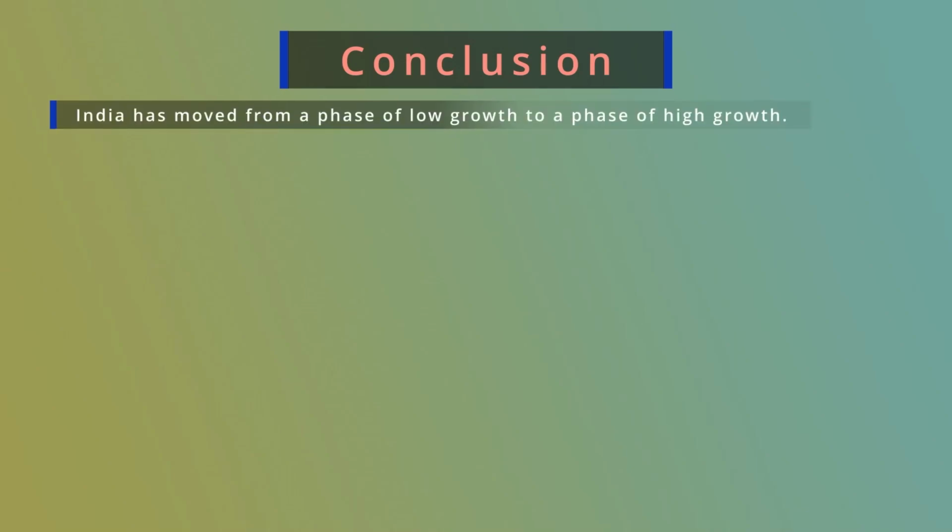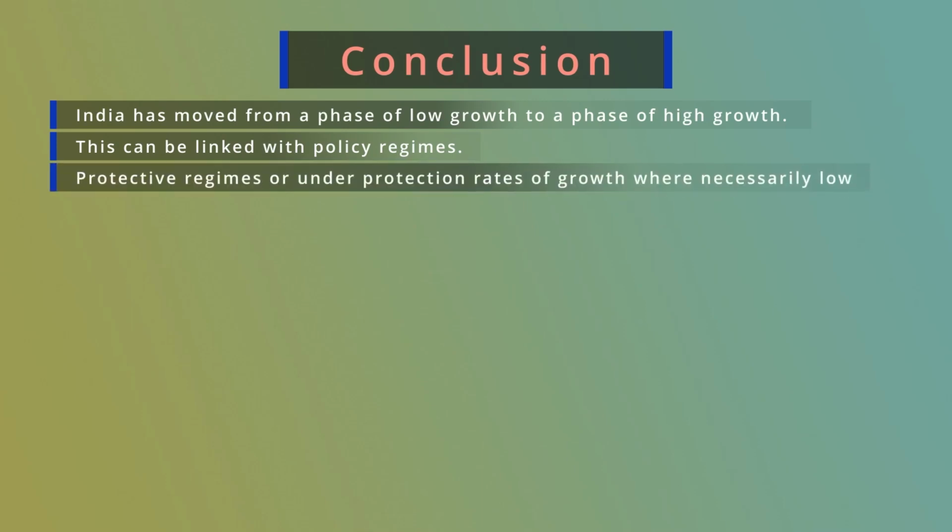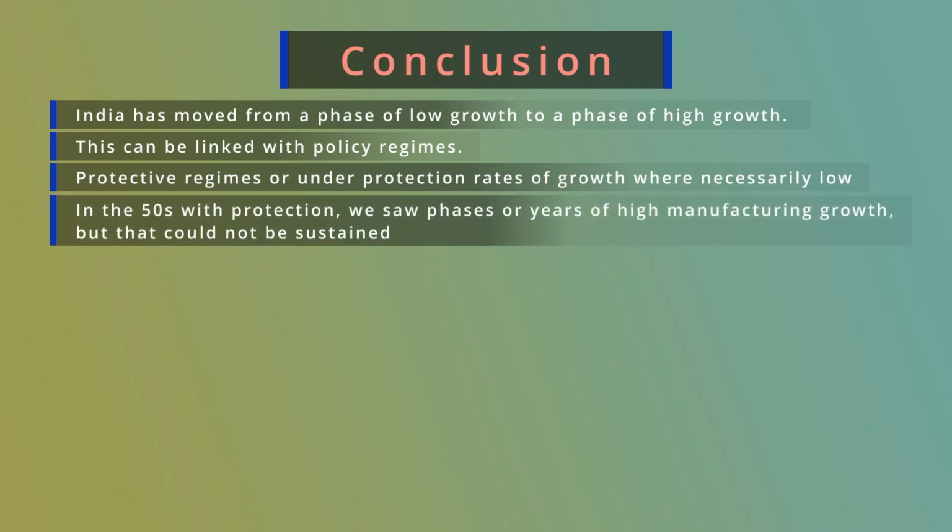To conclude, India has moved from a phase of low growth to a phase of high growth. This can be linked with policy regimes. Protective regimes, or under protection, rates of growth were necessarily low.